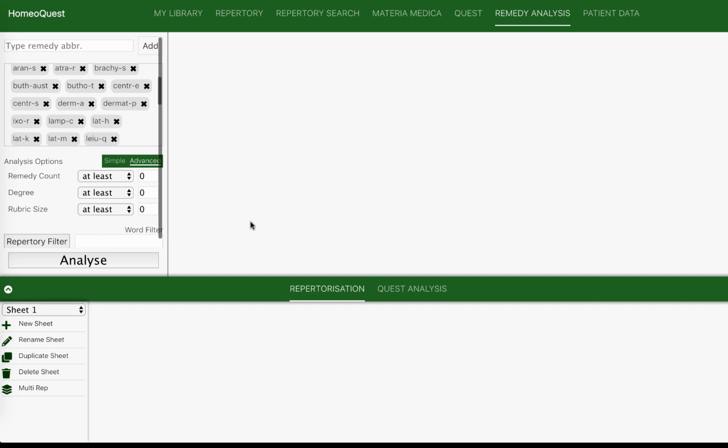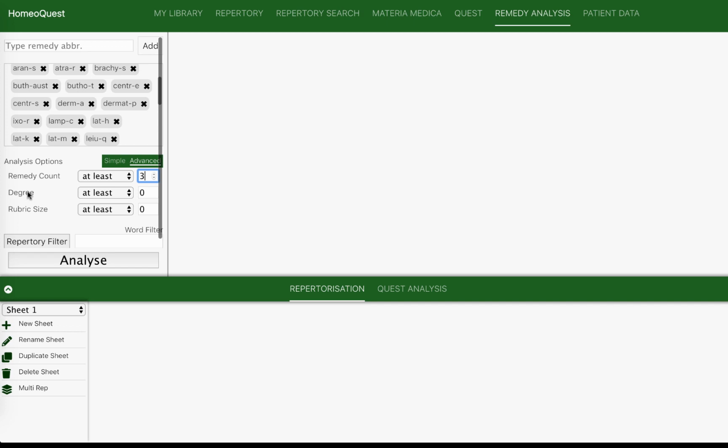We are trying to derive the common rubrics of the spider group, and remedy count enables you to select how many of these spiders should be in the common rubric. Say we want at least 3 remedies from the spider group in the common rubrics.